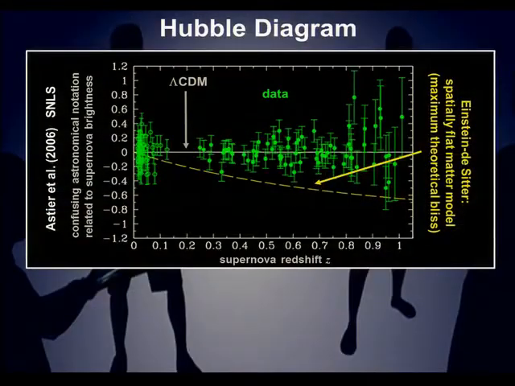This is a not very recent but convincing compilation of data on supernova redshift. So this is confusing astronomical notation related to the apparent brightness of supernovae. All astronomical notation is confusing.